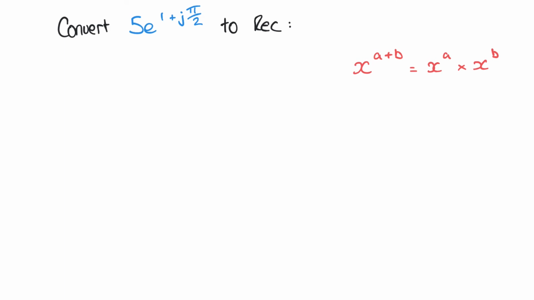So rather than saying 5e to the power 1 plus j pi over 2, we can break that down and say that's the same as 5e to the 1, in brackets, multiplied by e to the power j pi over 2.